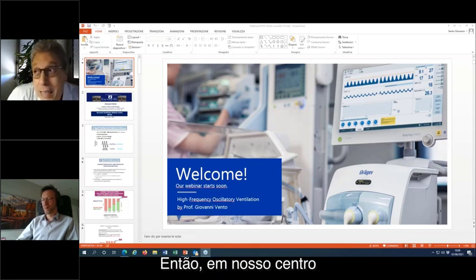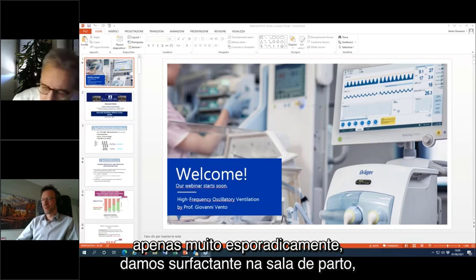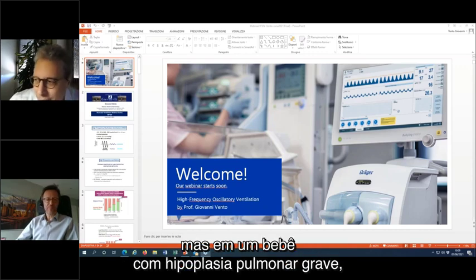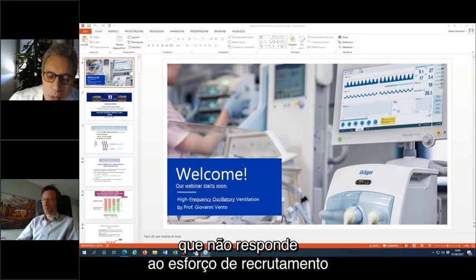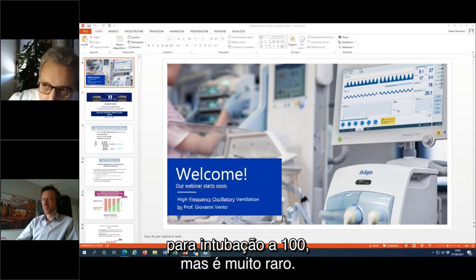So in our center, only very sporadically we give surfactant in the delivery room, in a baby with severe pulmonary hypoplasia who does not respond to intubation, recruitment, FiO2 of 100%, but this is very, very rare.